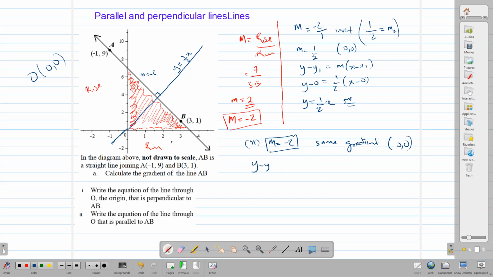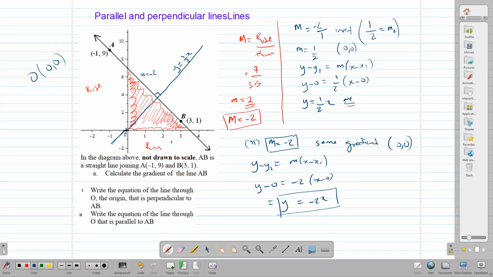So y take away y1 is equal to m bracket x take away x1. Once we do that, we can put our information in. So we have y take away 0 equal negative 2 into x take away 0, which gives us a simple equation of y is equal to negative 2x. So this will be the line parallel to that one passing through 0, 0.